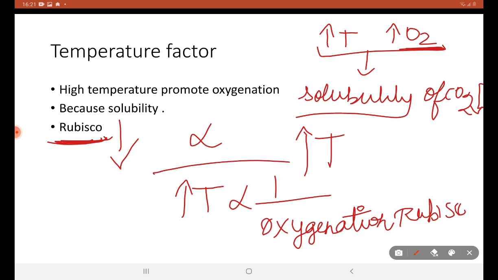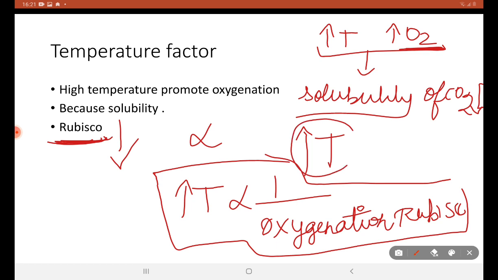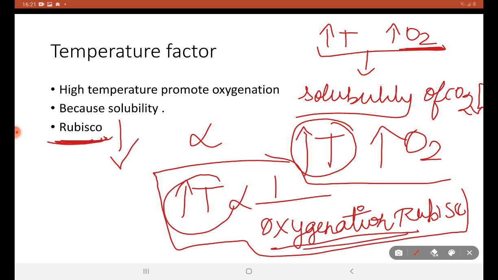Increase in temperature promotes oxygenation, hence photorespiration, but Rubisco acts inversely with increase in temperature. Increase in temperature has a negative effect on the oxygenation of Rubisco.